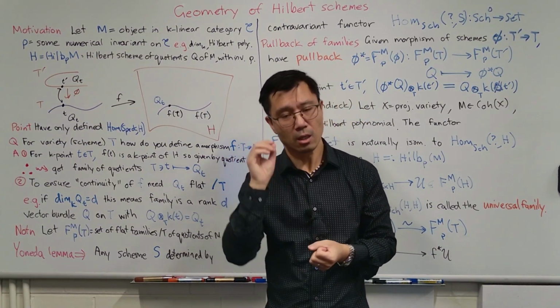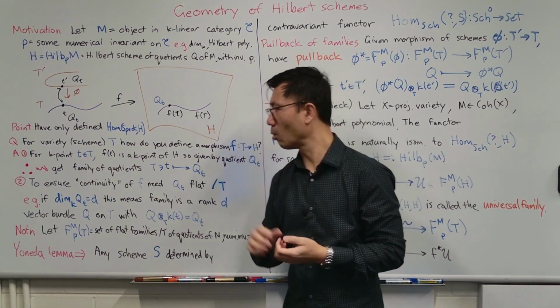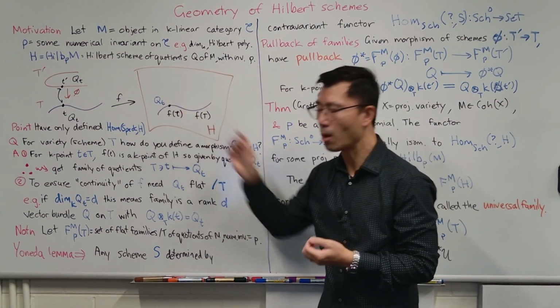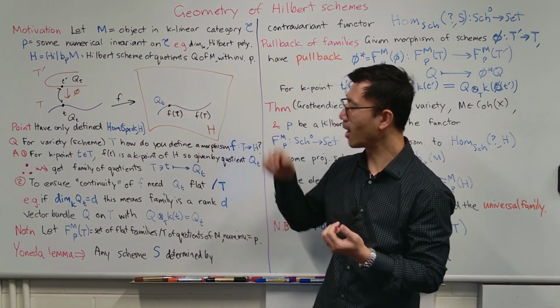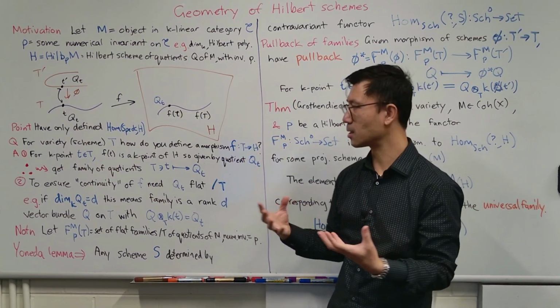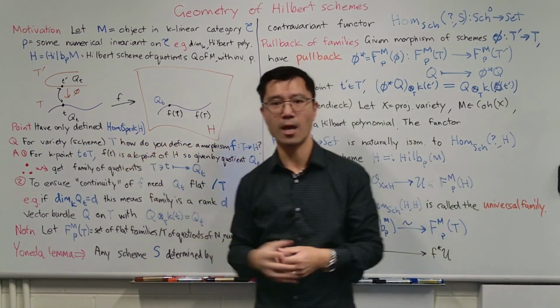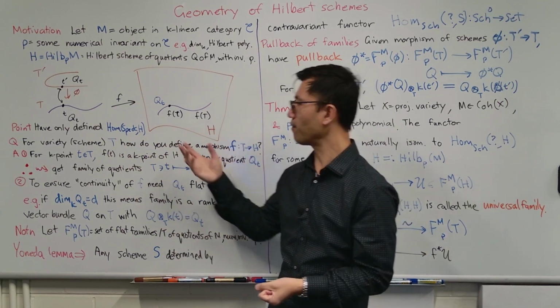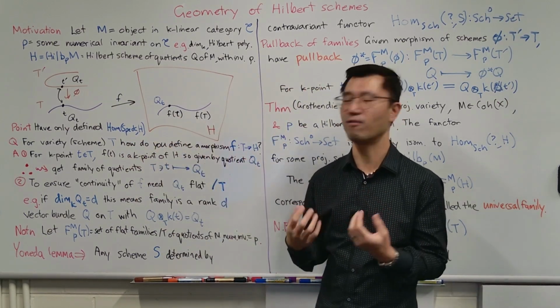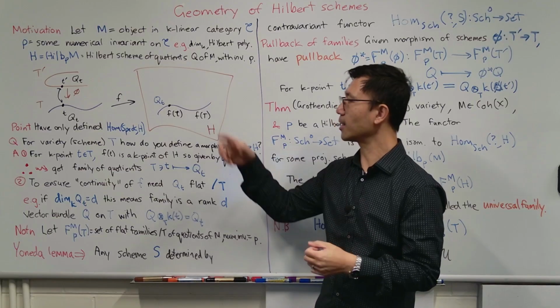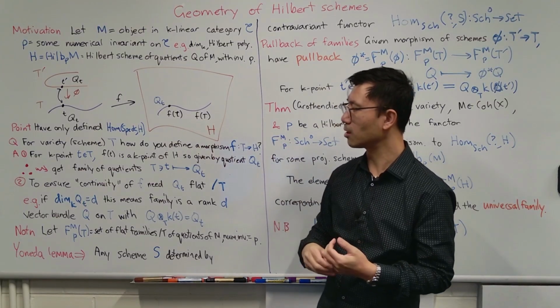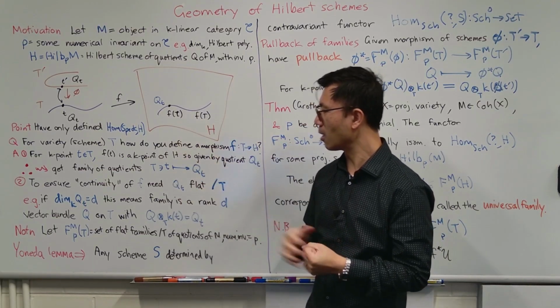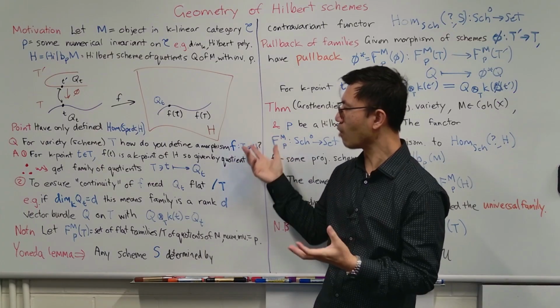And what Grothendieck said is that, if you want to put a geometry on that, you should look at not just the K points, but all the T points as T ranges over all the schemes. And you should think of this as a functor, the functor of T points, the functor of points. And the key thing here is what this functor should represent.